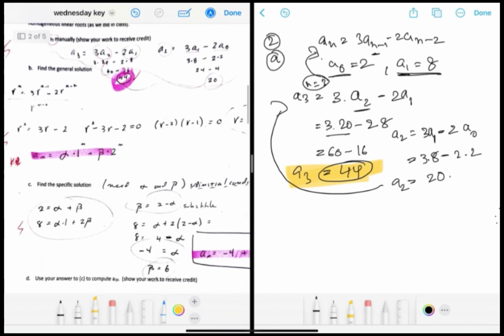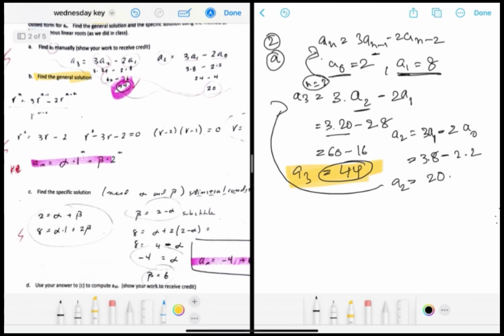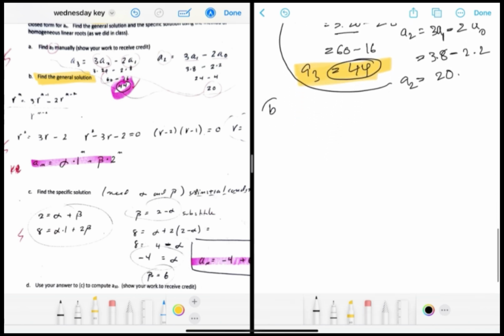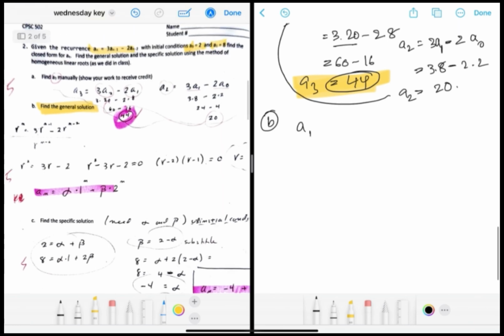And the next part, B, is finding the general solution. For finding the general solution, let's write down the equation here: a n equals 3 a n minus 1 minus 2 a n minus 2. We make an assumption that a n can be represented as r power n.